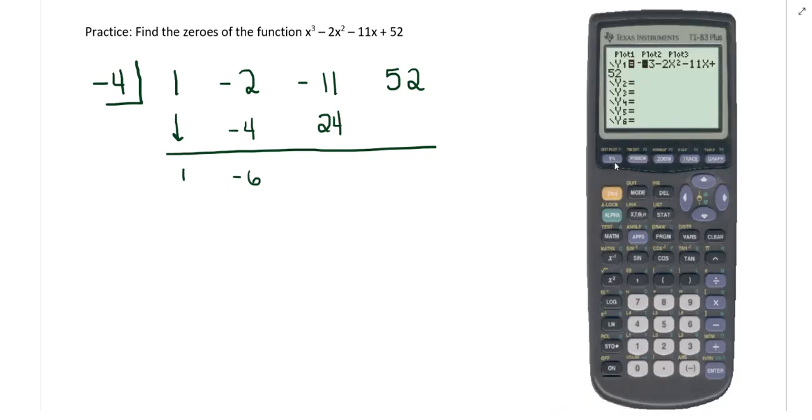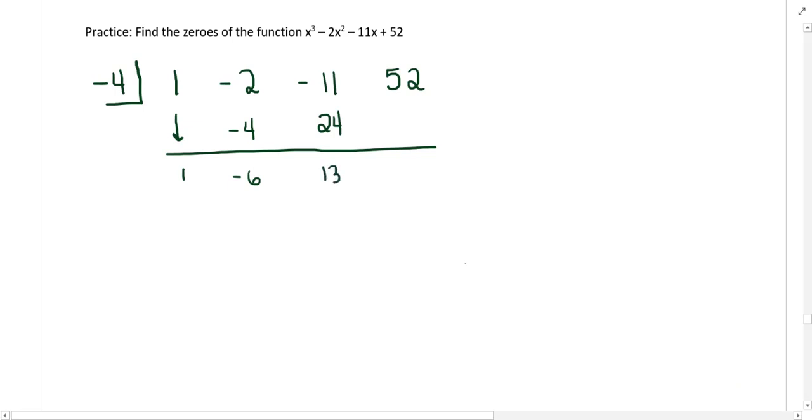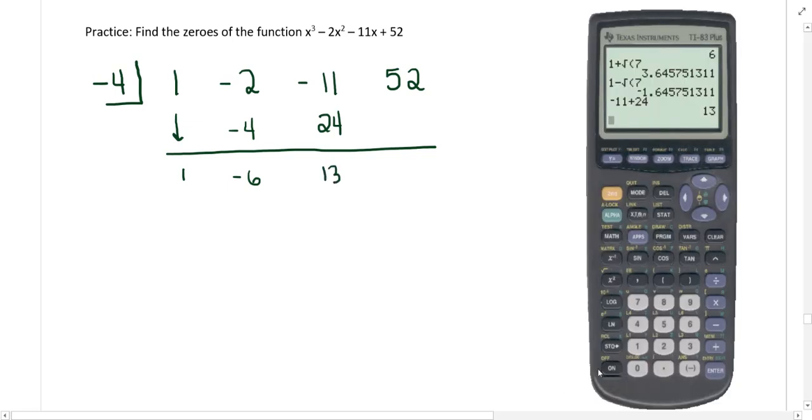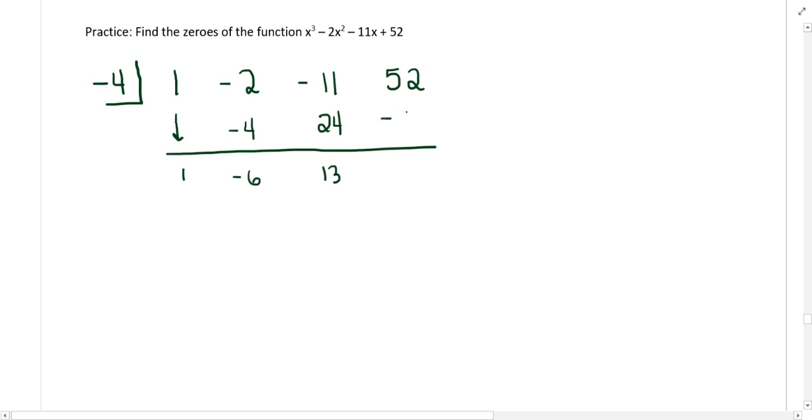I just want to check. 13, and then 13 times -4 should be 52. Yeah, -52. All right, so then that gives us 0. So now what we're looking at is the equation 1x squared minus 6x plus 13. So we're at the quadratic stage already.